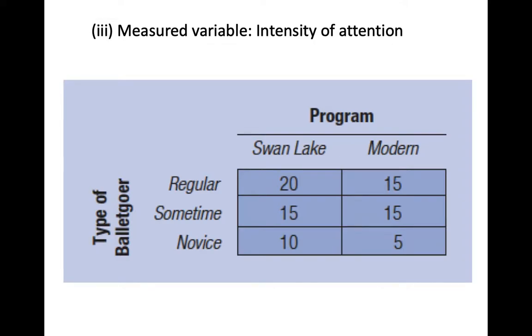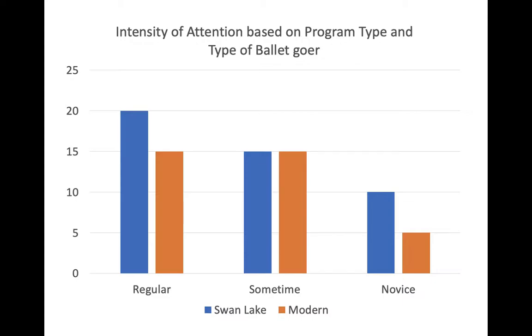Again, the choices of how to graph become a little bit more salient here. Here, we're going to group the type of program according to the 3 different types of ballet goers. So here's a regular ballet goer, here's somebody who sometimes attends the ballet, and then novice.